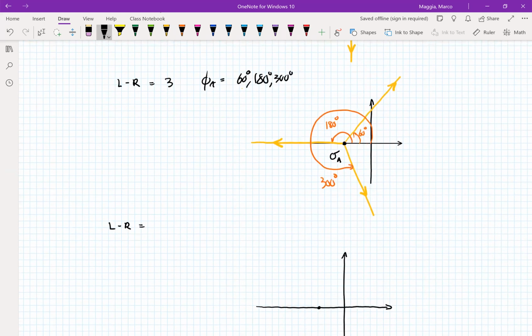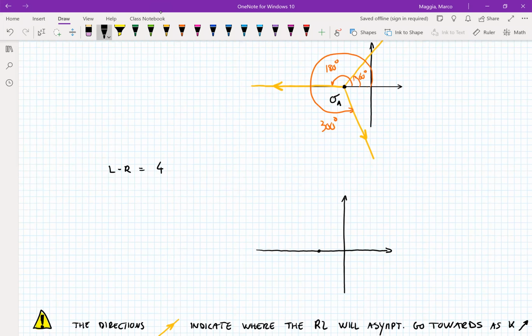And finally, last case, if L minus R is equal to 4, then the 4 angles are 45, 135, 225, and 315. Or you can also write plus or minus 45 degrees and plus or minus 135 degrees.